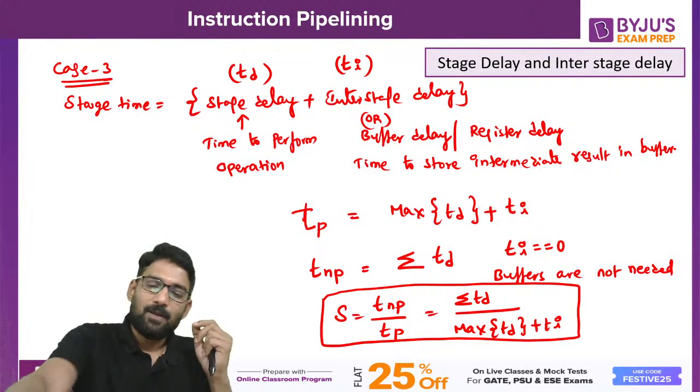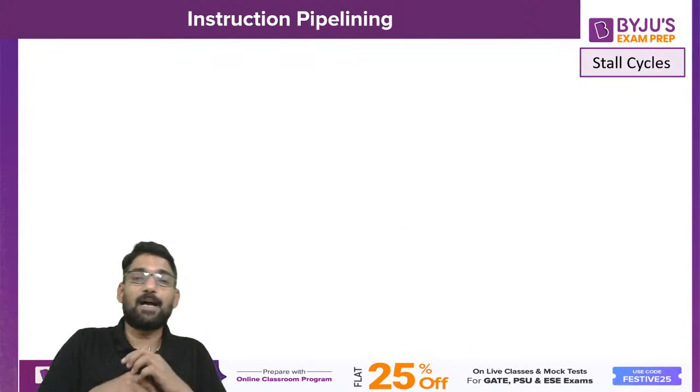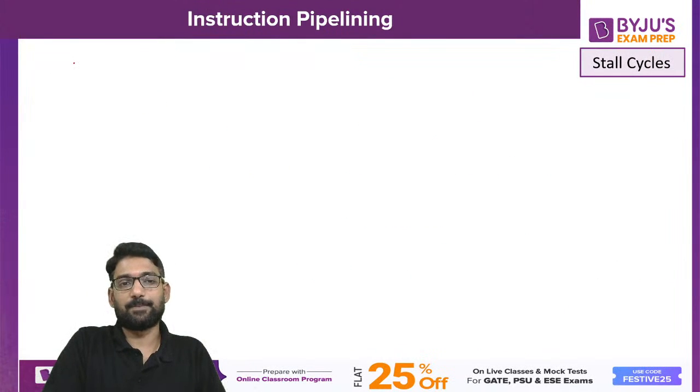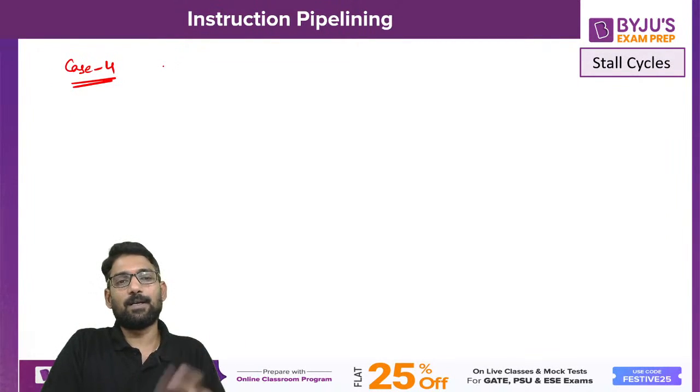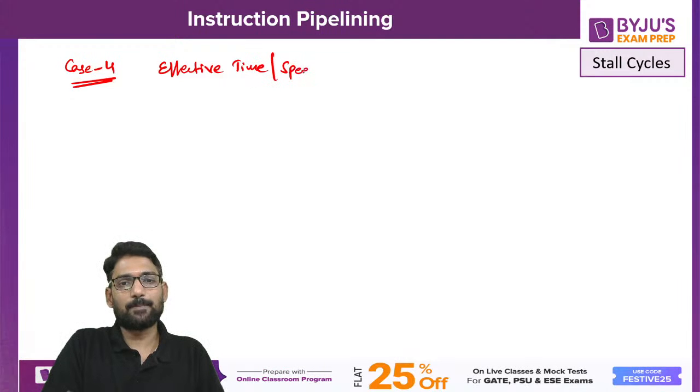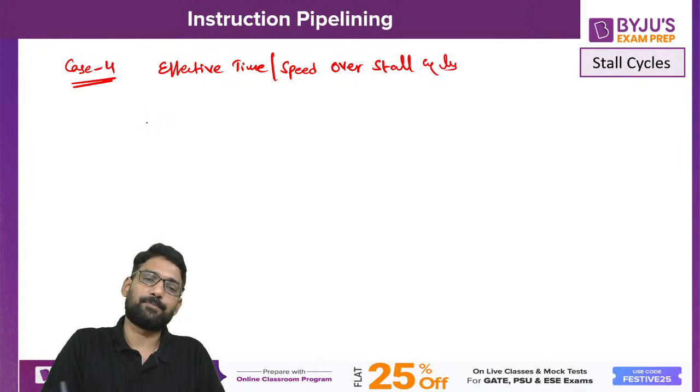Okay, but there is another possibility. What is the effective time or effective speed over stall cycles? What is a stall cycle?